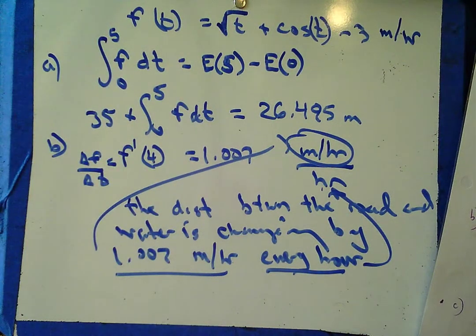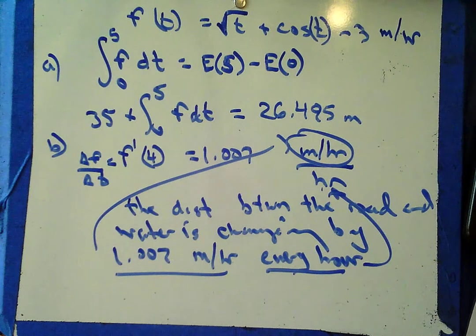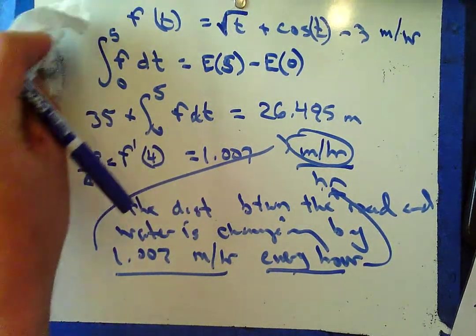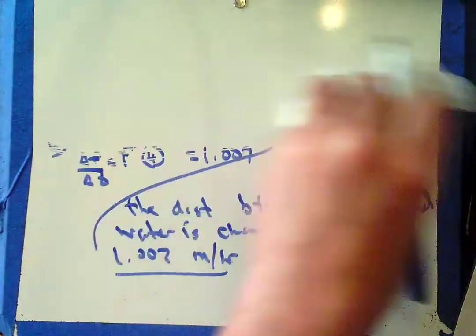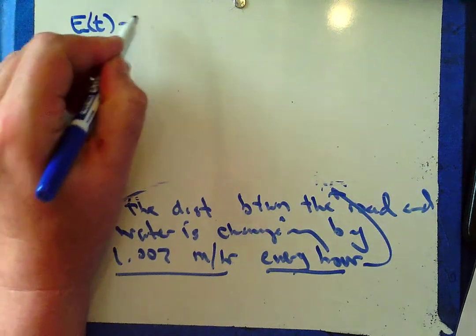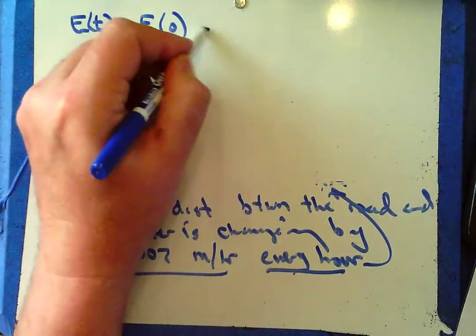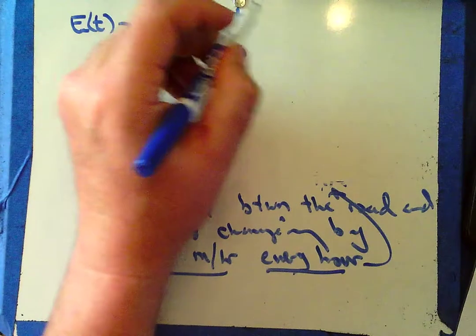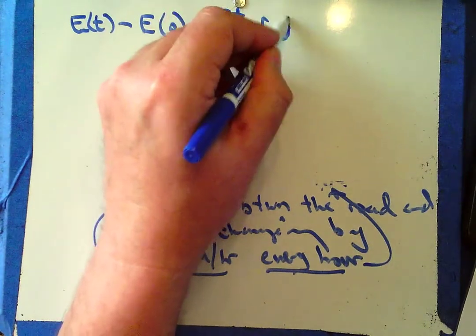Part C says, at which time during the 5-hour storm is the distance between the road and the water decreasing most rapidly? I'm looking for decreasing most rapidly. So I know that e of t minus e of 0 equals the integral from 0 to t of f dx.